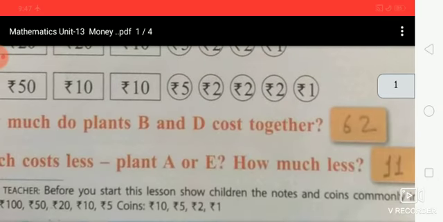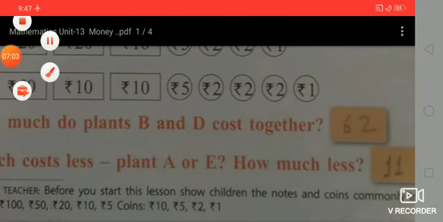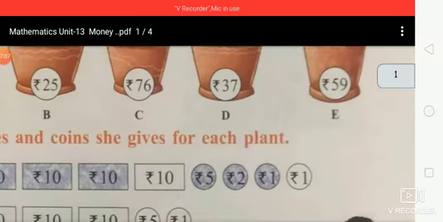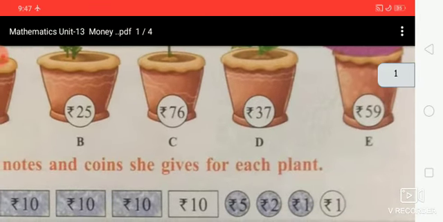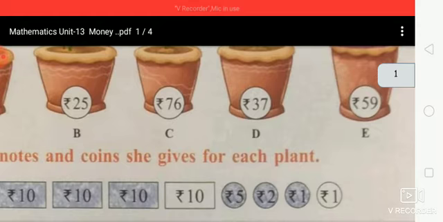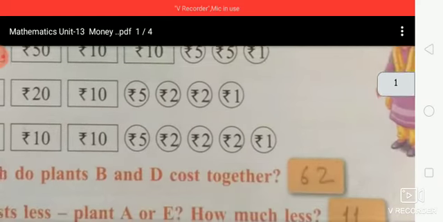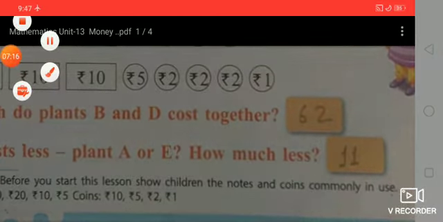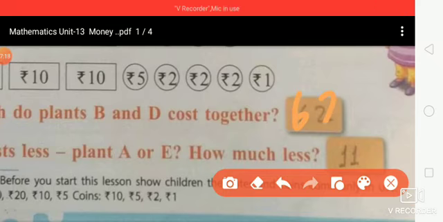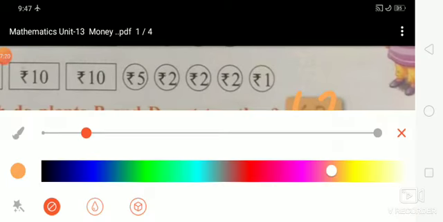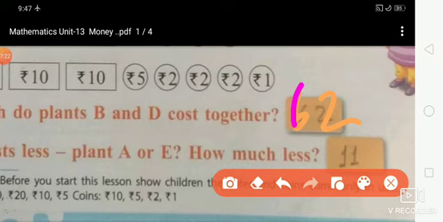So write here the number 62. B cost is 25 and D cost is 37, so add: total money is 62. Is that clear?